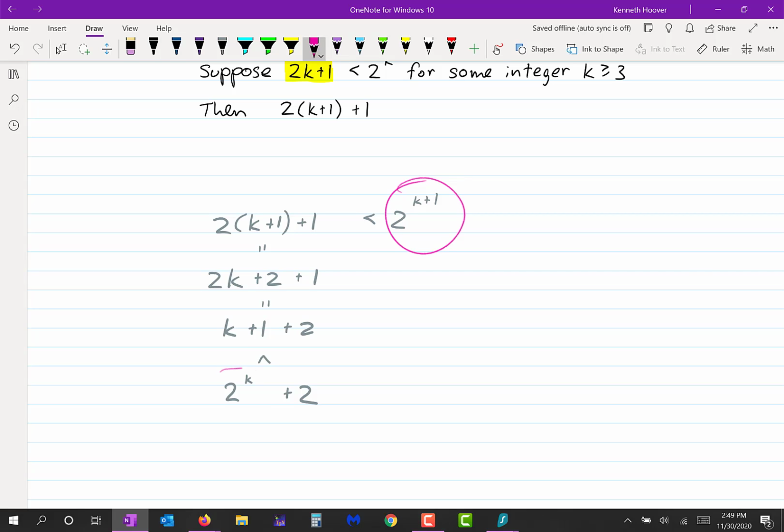Okay, here's 2 to the power k. Here's 2. Isn't it true that 2 is less than 2 to the k? So then wouldn't this be less than 2 to the k plus 2 to the k?